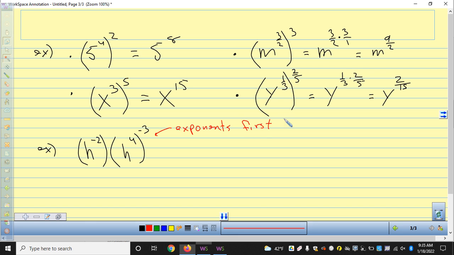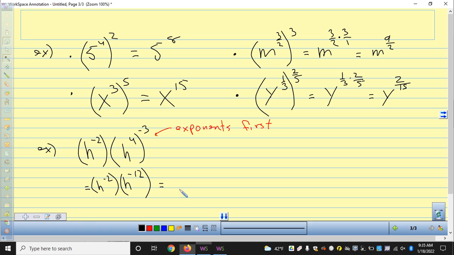So we're still following PEMDAS here. So exponents first. So this is going to equal h to the -2 times, we multiply the exponents, h to the -12. Well, now we have two things to the same base multiplied. So what do we do to the exponents?